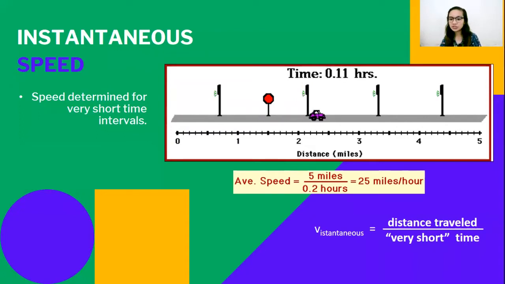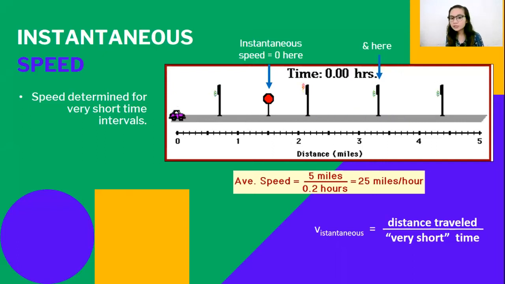Okay, now what about your instantaneous speed? Here, let's say your car stopped at the stop sign. So your instantaneous speed at that point is 0. Also the same with the one where the car stopped at the traffic light. Your instantaneous speed is also 0.